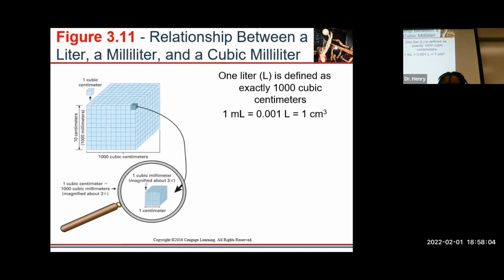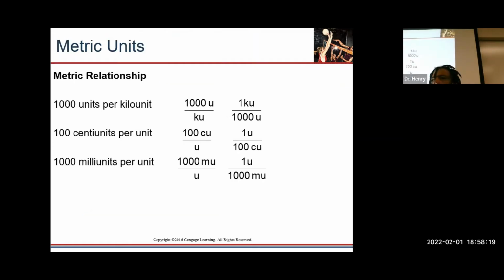So 1 milliliter is going to equal 0.001 liters, which is going to equal 1 cubic centimeter. So we can use that to make equivalencies.